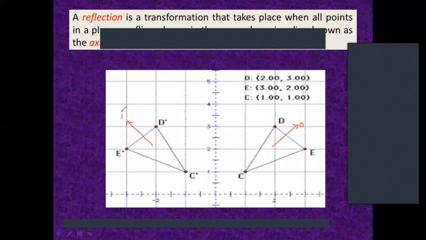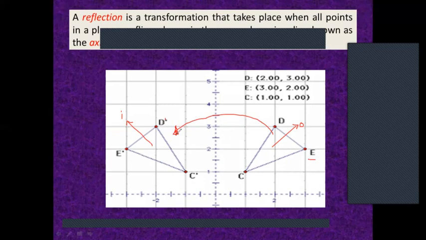Now, again, in order for us to write or describe, we have there the capital letters for the object and capital letters for the image with a bar. So this is the object that undergoes a transformation by reflection, forming that image.